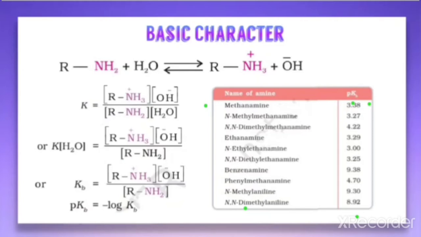So this has the greater pKb value, which means it is less basic. So the smaller the pKb value, the greater the basic character, because pKb is minus log of Kb. The pKb values for some organic compounds are given here.